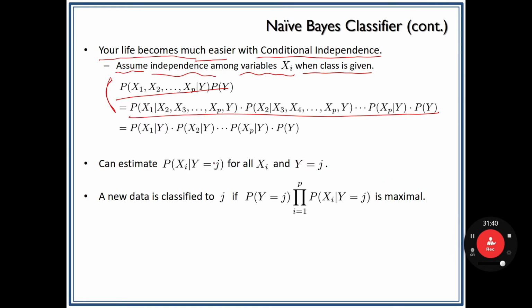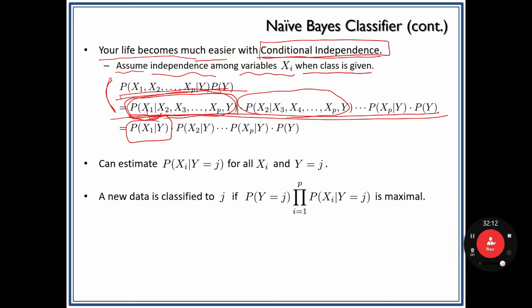So these first two lines show that, and I told you that estimating this probability from the training set is difficult. But if we assume conditional independence among those x variables, then this conditional probability becomes this one, by the conditional independence assumption.